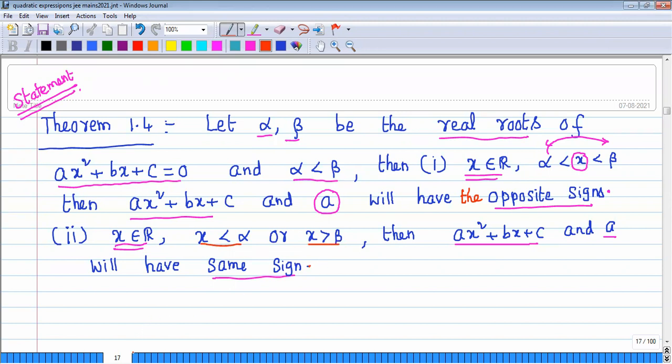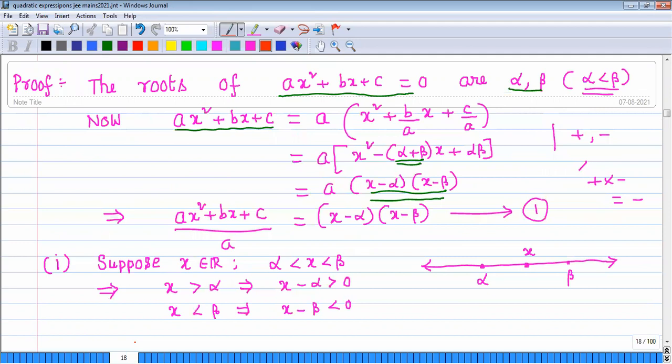So first let us prove this. The roots of ax square plus bx plus c is equal to 0 are alpha, beta, provided alpha is less than beta. Now consider ax square plus bx plus c, which is a times x square plus b by a x plus c by a. Since alpha, beta are the roots, alpha plus beta is equal to minus b by a, so b by a is minus of alpha plus beta.